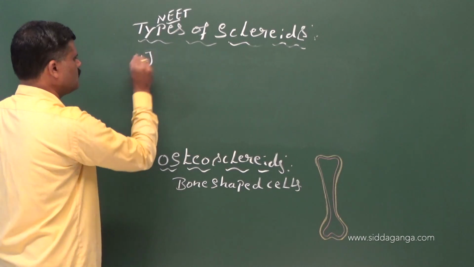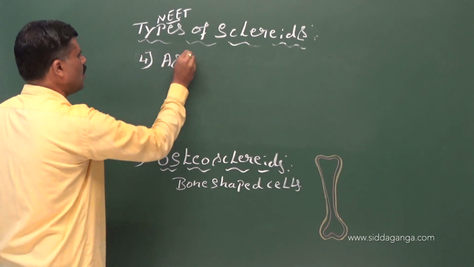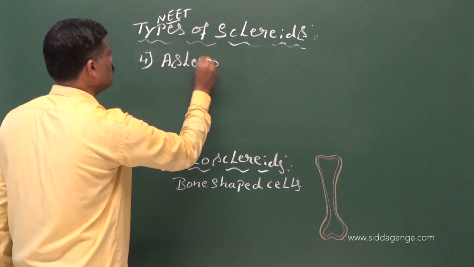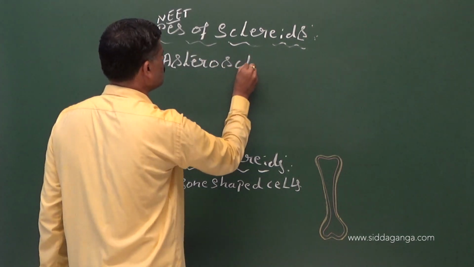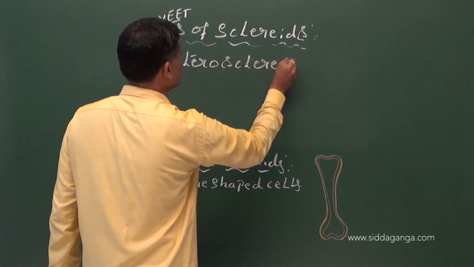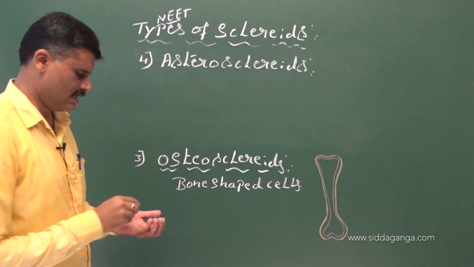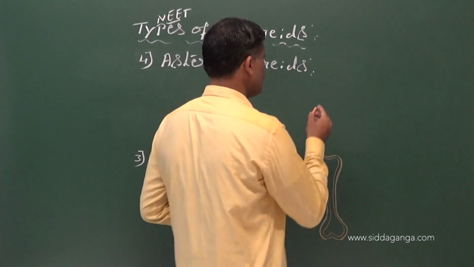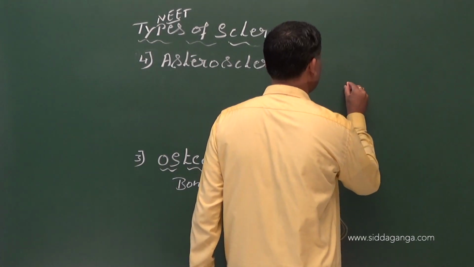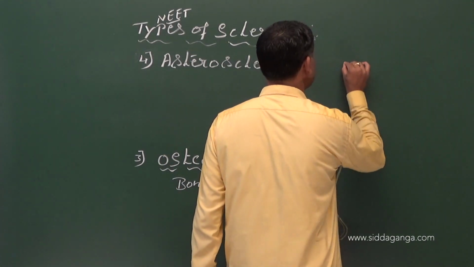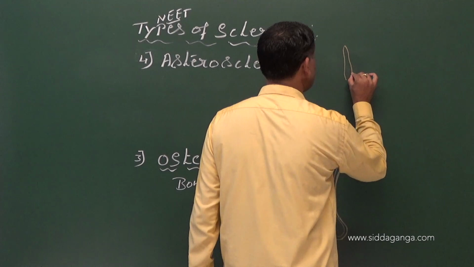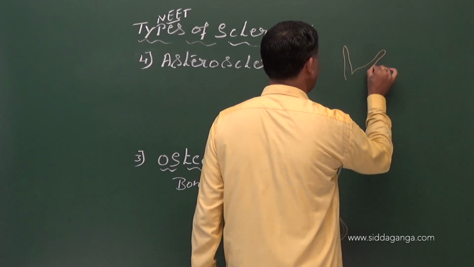Fourth type, Astrosclerids. Here the name itself indicates they are star shaped.